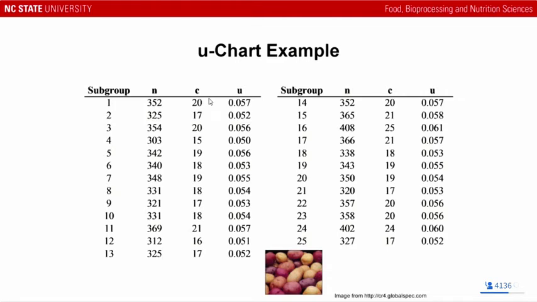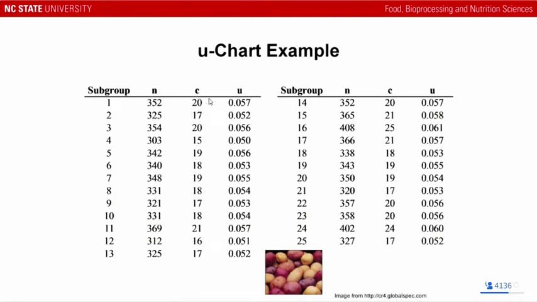What kind of nonconformities might you find on a potato? Bruising, you might find some with the stem still on and it didn't, or there might be dirt on one. Maybe one got a scrape on it. If you're really interested, if you are like a French fry fanatic, you can look up the USDA has all these grades for French fries and all the defects or nonconformities that you might find.